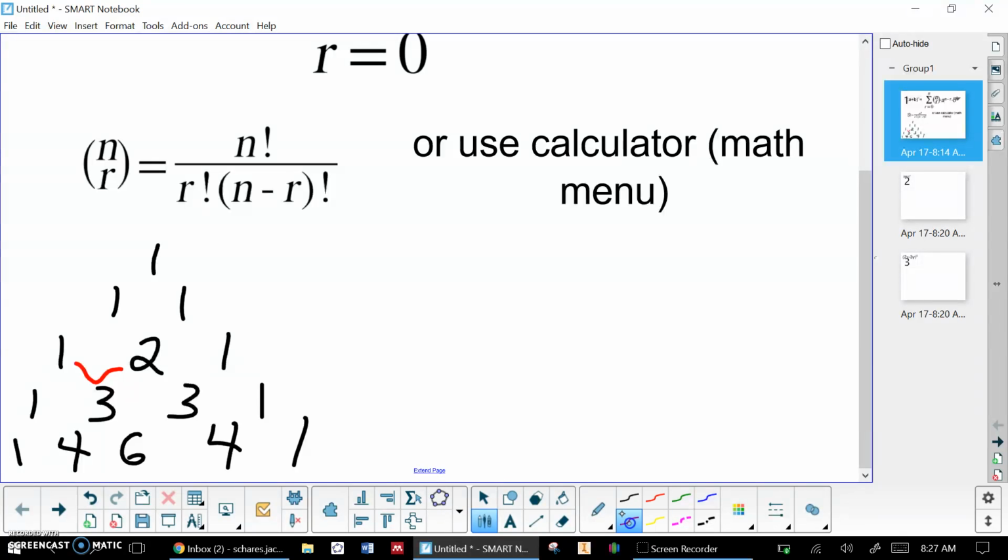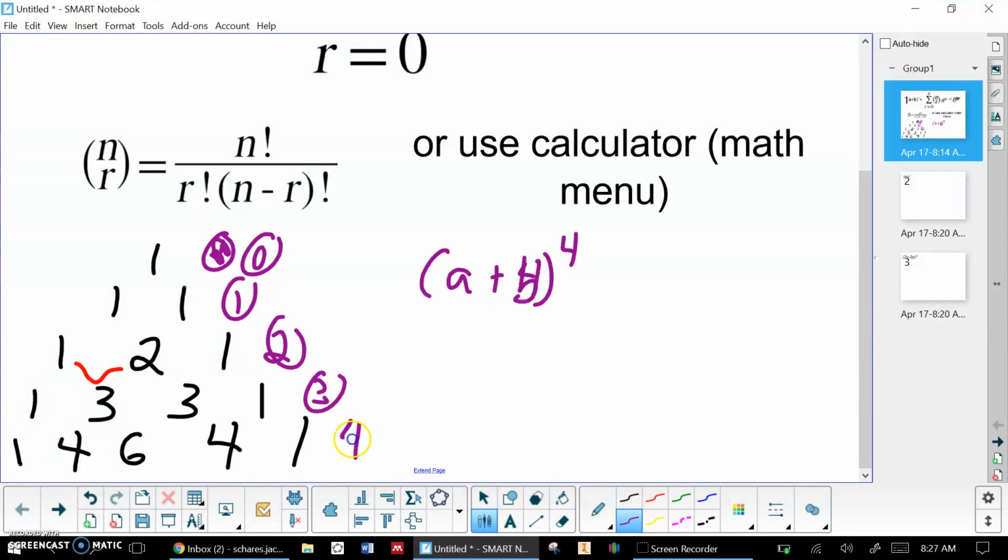Now, on these, you've got to pay attention to the rows. Since everything here starts at 0, if we were just doing (a + b) to the fourth, we'd want the fourth row. That's actually going to be 0, 1, 2, 3, 4.